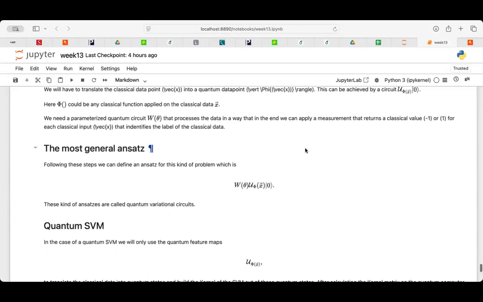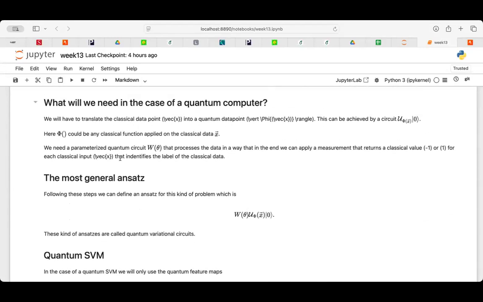So we are going to need an ansatz where we are going to find a parameterized quantum circuit that processes the data in a way that in the end we can apply a measurement that returns a classical value of -1 or +1 for each classical input that then identifies the label of the classical data.